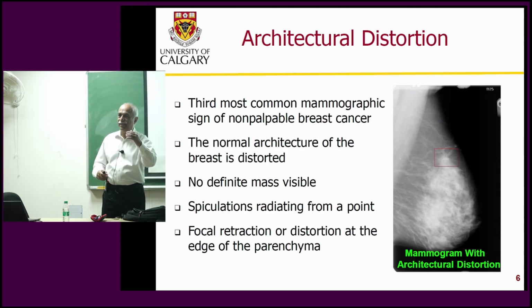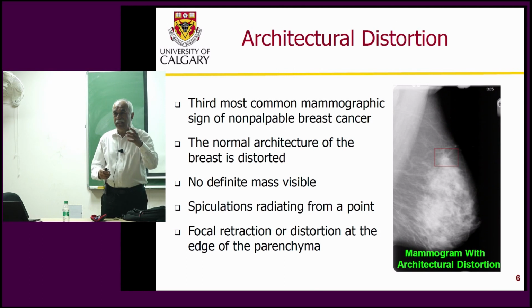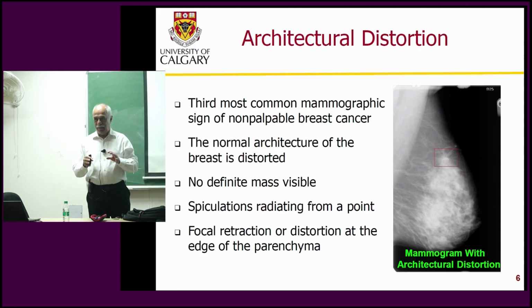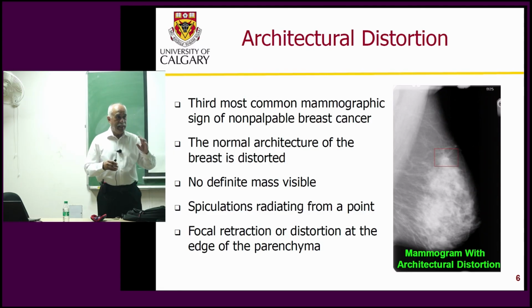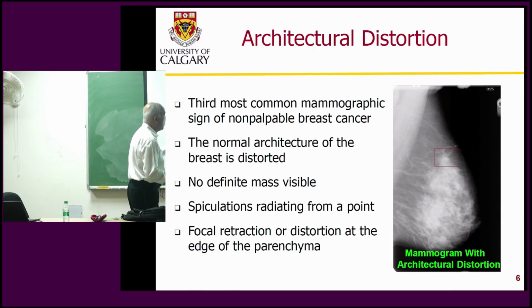The easy things are done first. Calcifications, yeah, you can detect them. Masses, a little bit more difficult, but that's been done also. Asymmetry, not as many papers on asymmetry as calcifications and masses. Architectural distortion, even fewer papers on computer-aided detection or image processing for detection of architectural distortion.